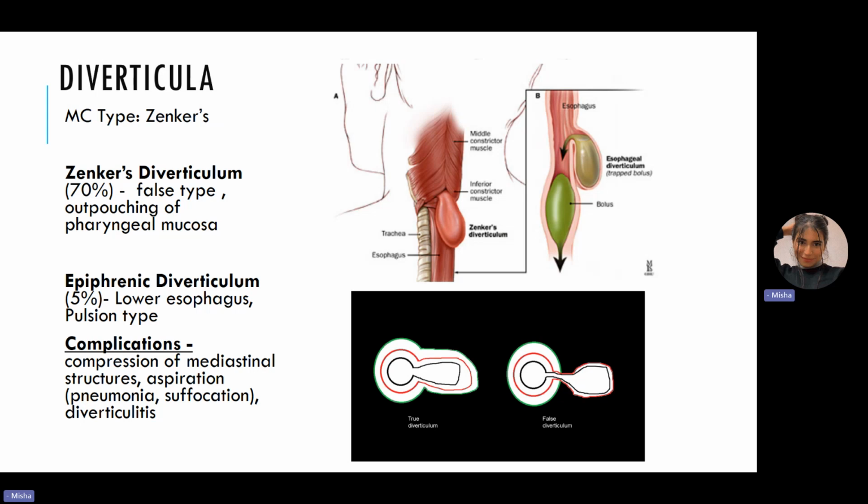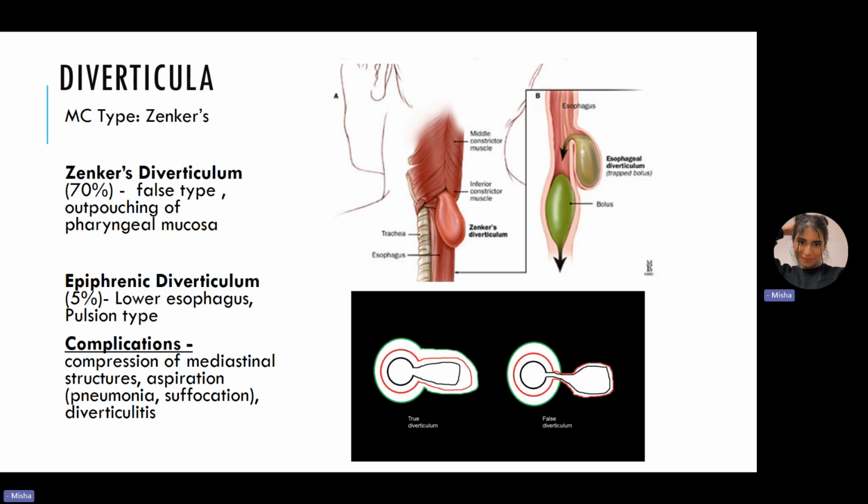And complications would be aspiration pneumonia. They can have rupturing of the pouch, leading to, we can say, mediastinitis, and they have a squamous cell carcinoma risk as well. Furthermore, if we talk about the epiphrenic diverticulum, diagnosis can be with barium swallow, and treatment is normally surgery for these cases, right?